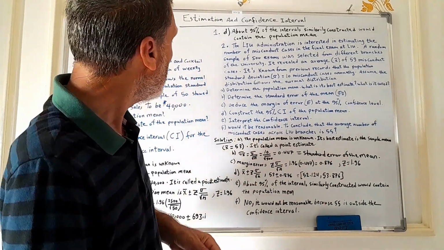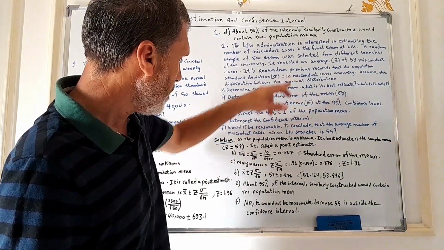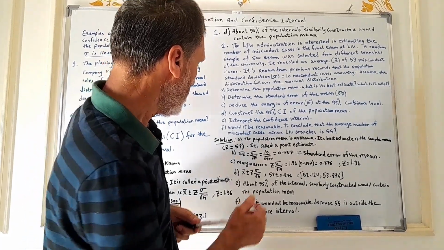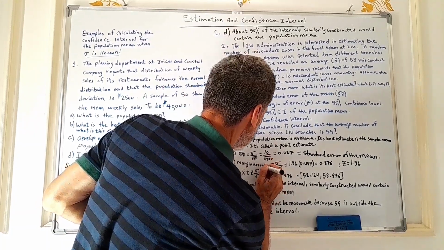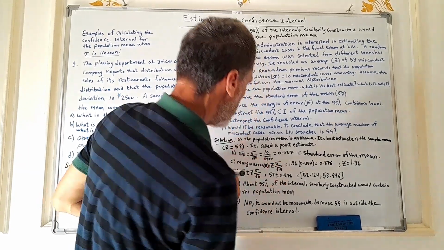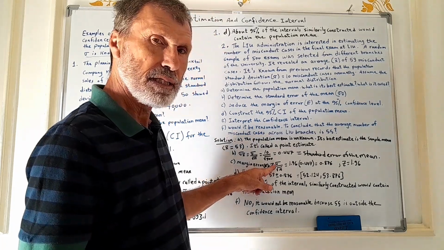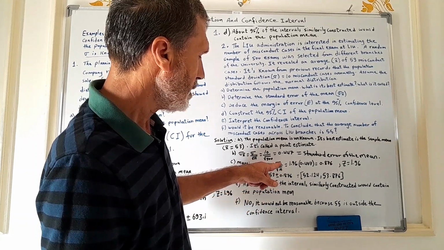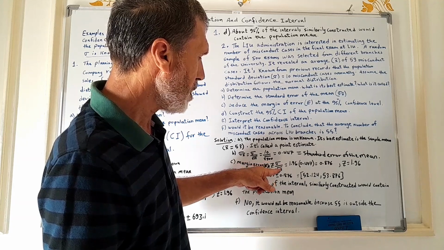Now, part C, deduce the margin of error E. The margin of error E is equal to Z, the value that is calculated, times the standard error of the mean, Z times sigma over radical n.